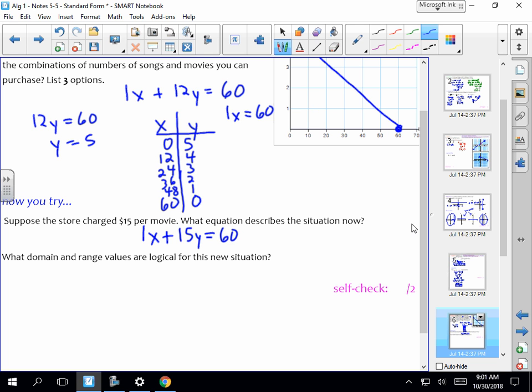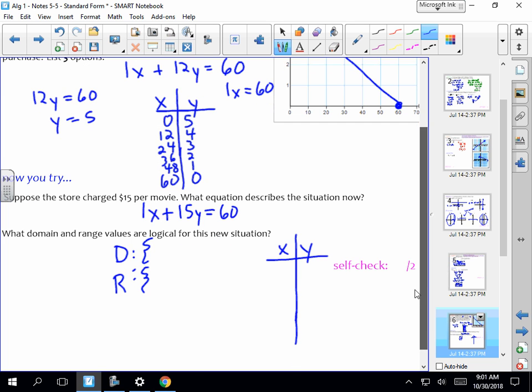The domain, let's think about this for a minute here. We'll draw our D in our fancy bracket, the range in our fancy bracket. Let's make a little x, y table over here like we did on the previous one. If it's $15 a movie, the most movies I could buy would be 4 of them. That would bring me right up to $60. And I would have 0 songs.